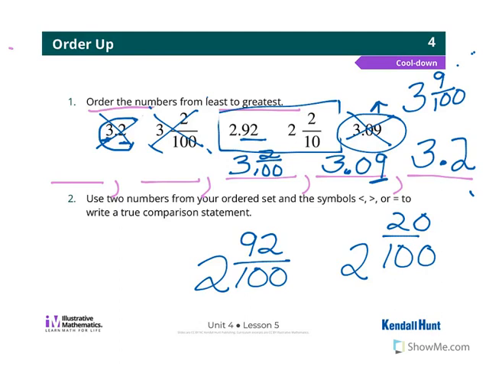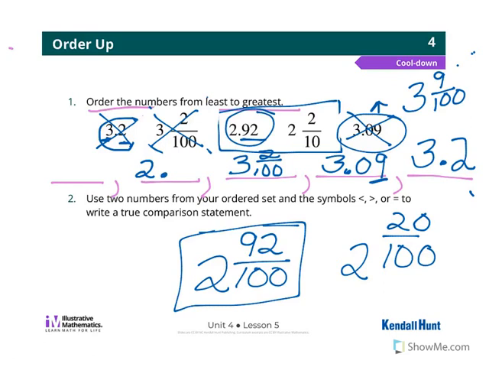Now I can think, okay, which is greater, 92 hundredths or 20 hundredths? Well, 92 hundredths. So this is our next biggest number. But it's written as a decimal, so I'm going to write 2 decimal point 92. Which leaves us with our smallest, which is 2 and 2 tenths.